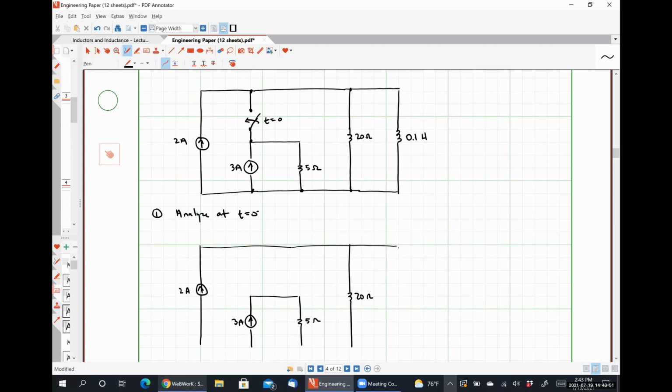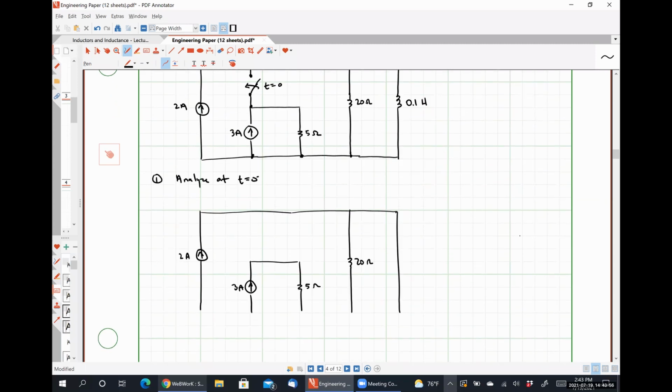Since we're at DC steady state at t equals 0 minus, our inductor is going to look like a short circuit, and I need to flip back to that web page and see what exactly it is we're looking for.